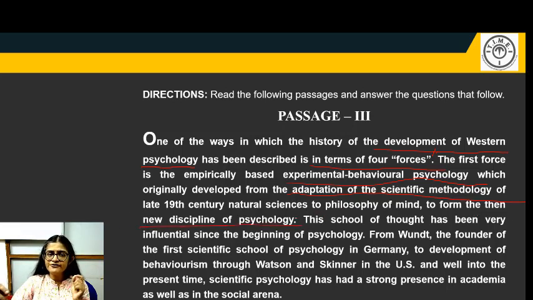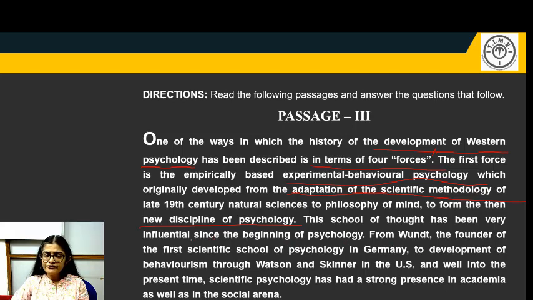So this was the first school of thought in psychology, that is experimental behavioral. It was based on the scientific method, and this was the school of thought which formed the subject area called psychology. When was this? It was in the 19th century. This school of thought has been very influential since the beginning of psychology.